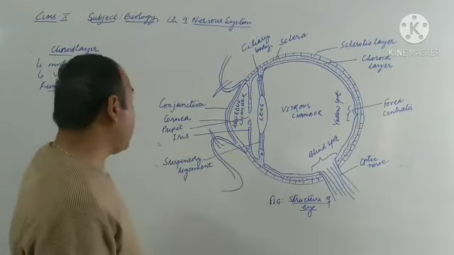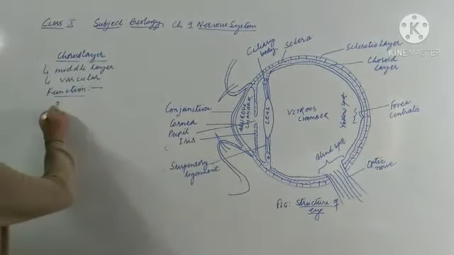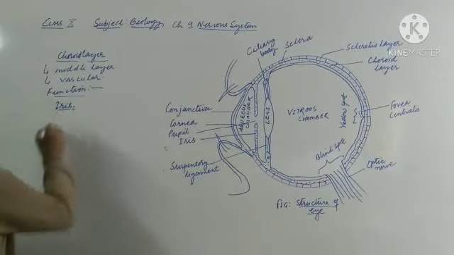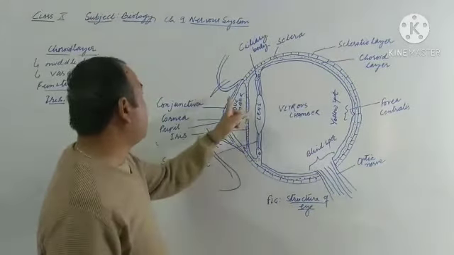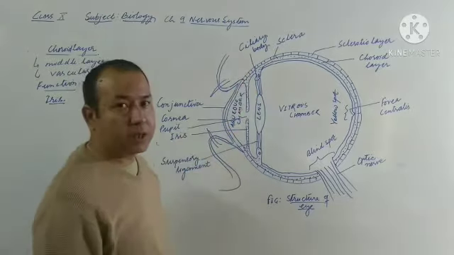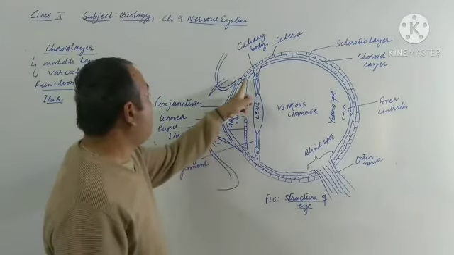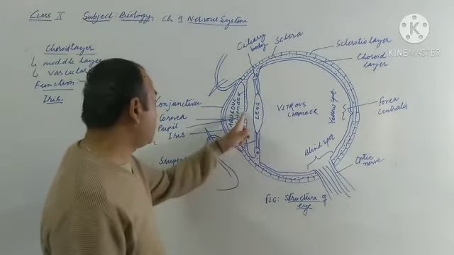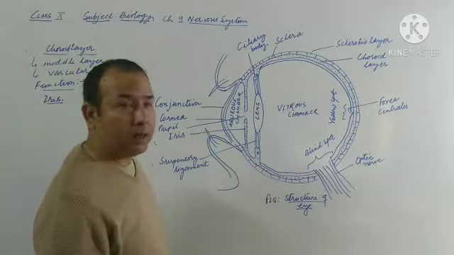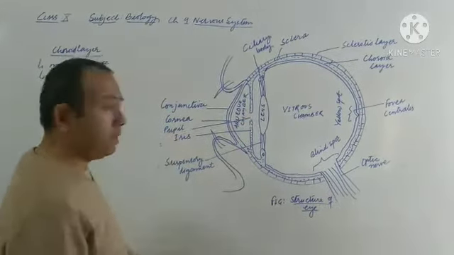Now you need to understand about the iris. Just now I told you that the iris is mainly formed at the junction of cornea and sclera, where the choroid layer bends sharply to form the iris, leaving a small aperture in the middle which we call the pupil.